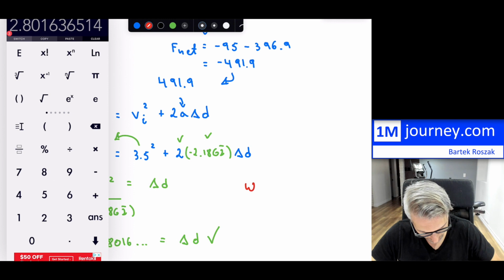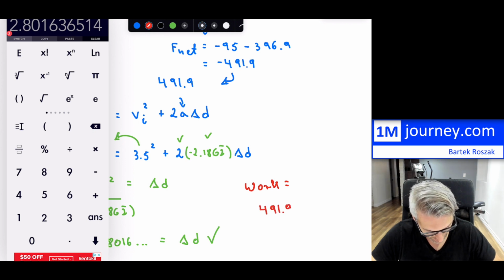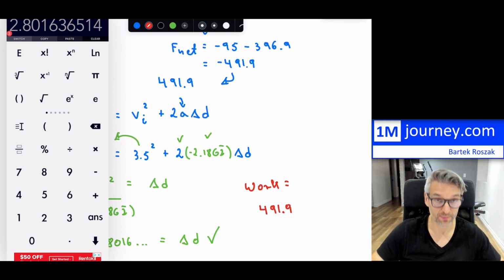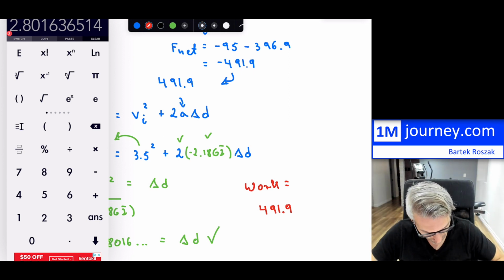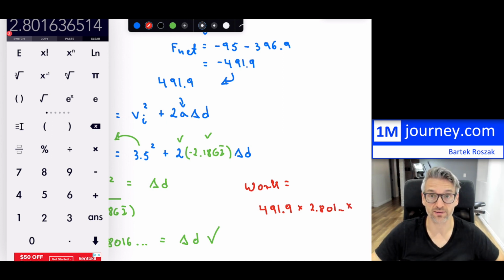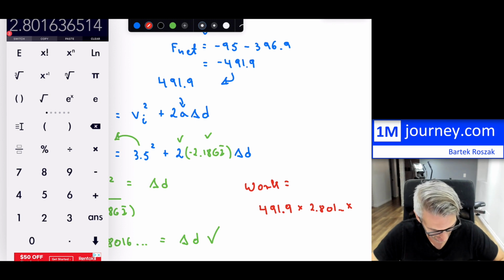Work is equal to the magnitude of the force, which is 491.9. The negative is dropped because I'm just talking about the magnitude. That's going to be multiplied by 2.801, etc., times cos of 180. You can put cos of 180 into your calculator.